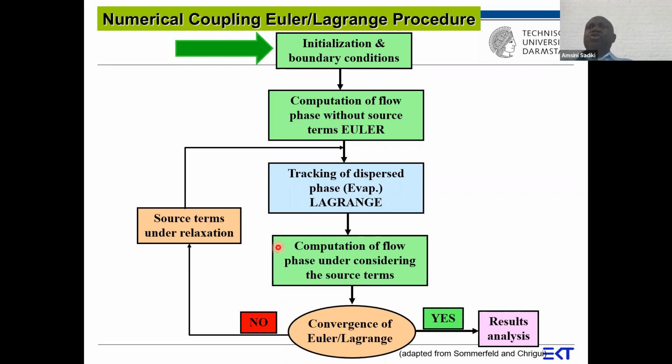Sometimes the source terms can be very huge. If they are very huge, we use some relaxation tricks to get the solution in a very nice way. This relaxation means that we have to introduce the source term step by step to get a stable solution and then convergence of the procedure.